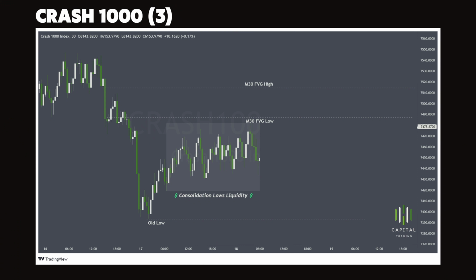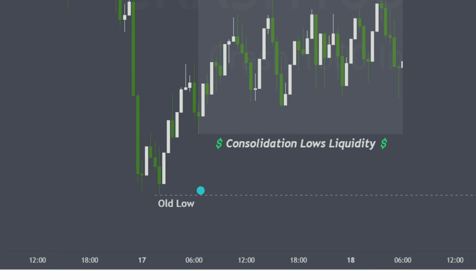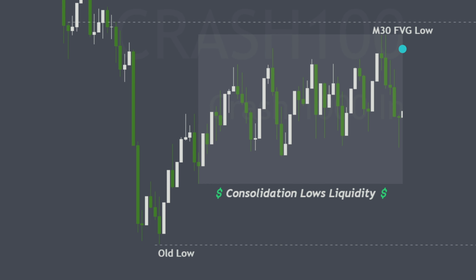Okay, now we have the last example of the Crash 1000 chart. We had price here dropping for some time, then it went up. As it was going up, they were going sideways, but we managed to identify our range, this low and this high.